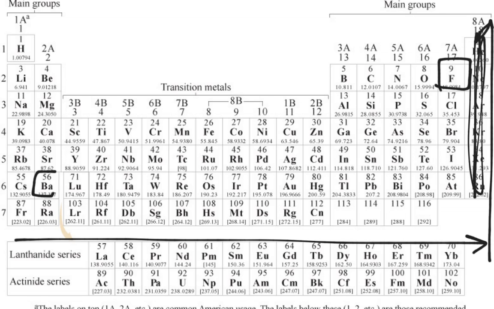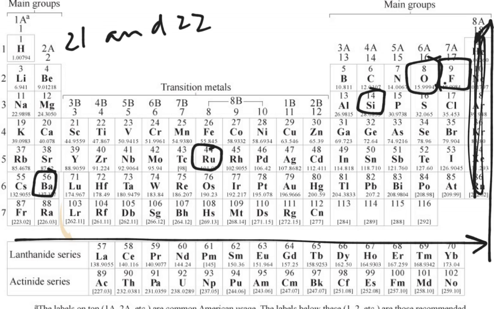So you could say like barium would be 1, ruthenium would be 2, silicon would be 3, oxygen would be 4, listing 4 elements in order of increasing electronegativity, up to fluorine being the most electronegative. So that's 21 and 22 right there.